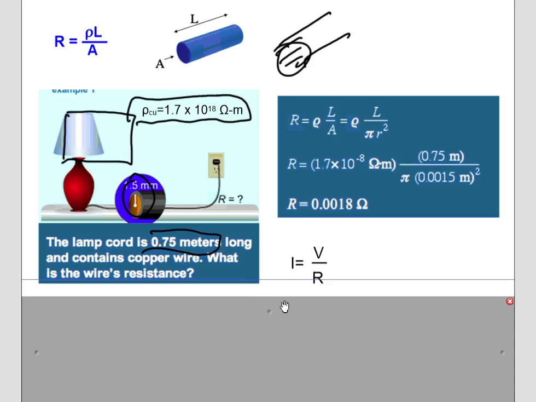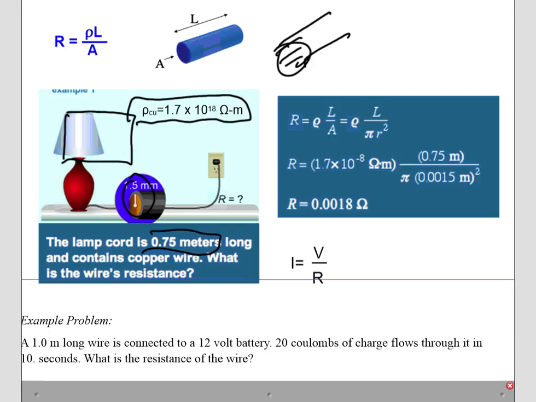If we want to calculate the current that actually flows, not through a wire that was the only resistor, but let's say there is another resistor, say a 1 meter long wire connected to a 12-volt battery, and 20 coulombs of charge flow through it in 10 seconds. What is the resistance of the wire?